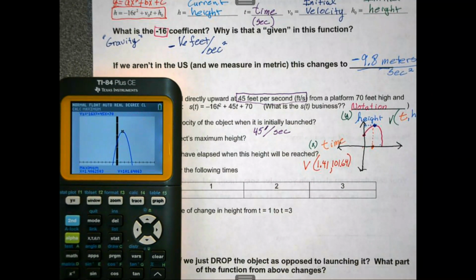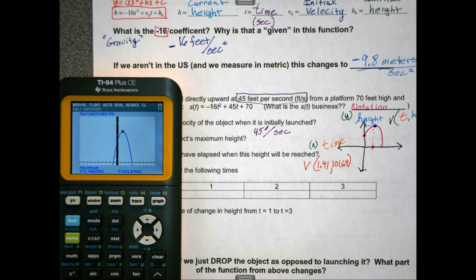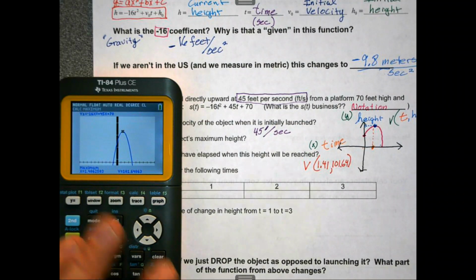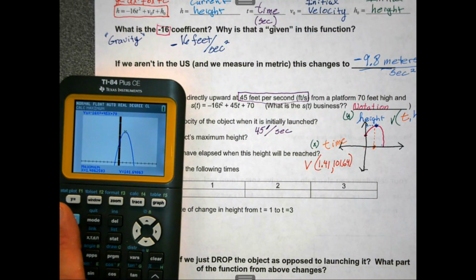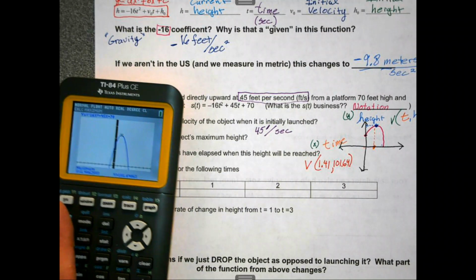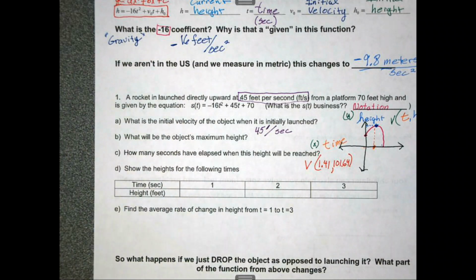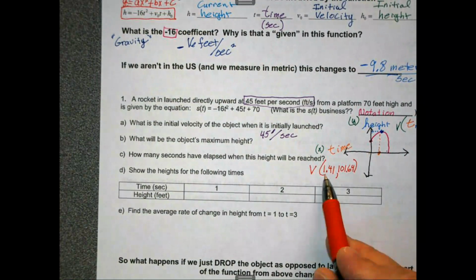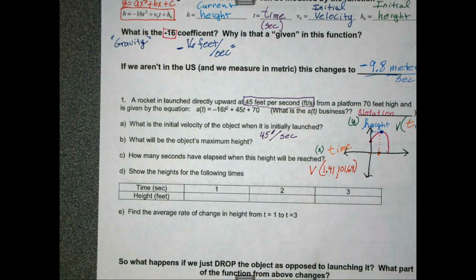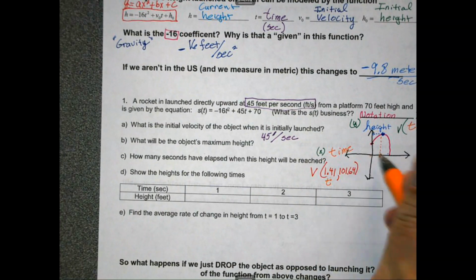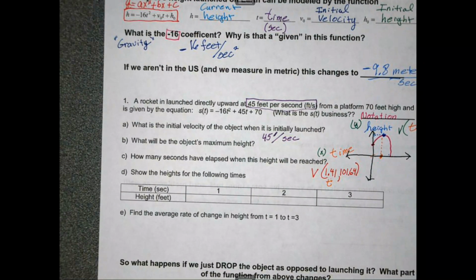So there's my vertex. 1.41, 101.64. This is my time, it's my T, and this is my H.